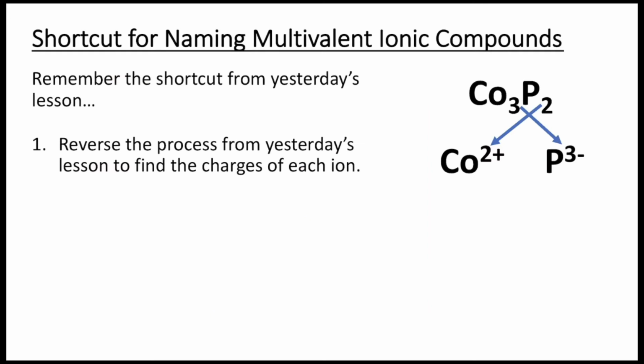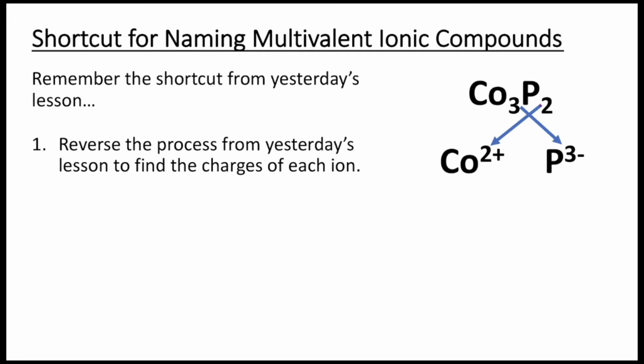So just like with simple ionic, we can use the crisscross method, but backwards, as a shortcut for naming multivalent ionic compounds. So remember that this is a shortcut. So we reverse the process from yesterday's lesson to find the charges on each ion. So in this case, you take the subscript and it goes on top of the opposite ion as a charge.